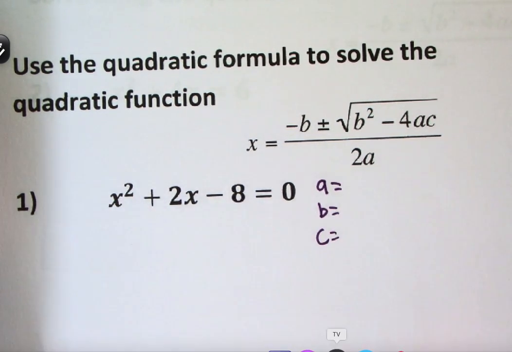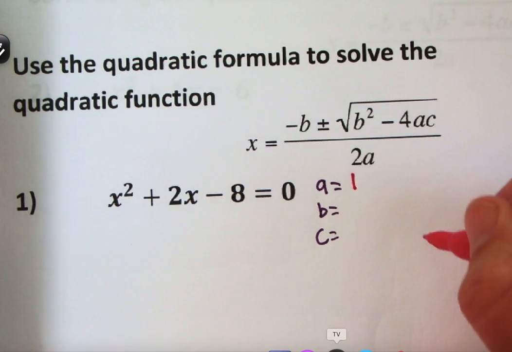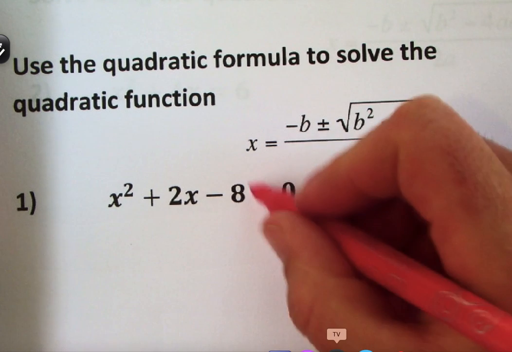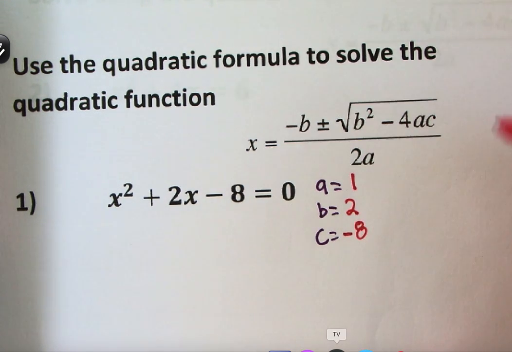So our a value is the coefficient of x squared, 1. Our b is the coefficient of x, 2. And our c is our constant, negative 8.